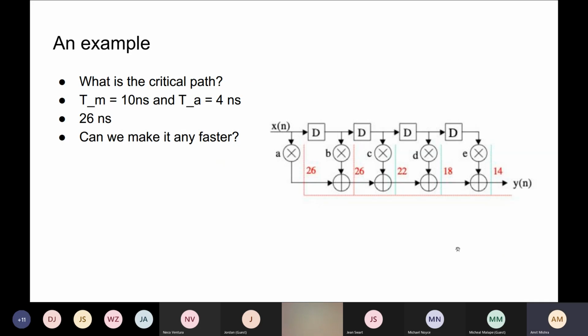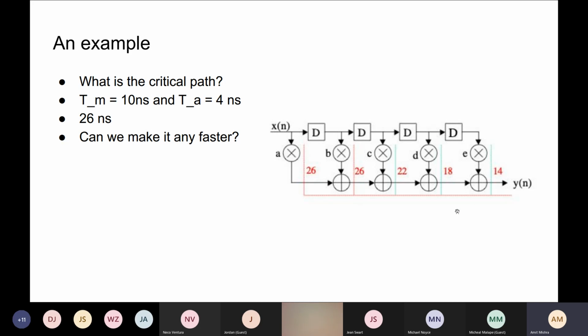So here is another simple example, a slightly bigger FIR filter. Now you can see that the path in which the input travels to create the delayed versions has lots of delays, so this path is definitely not the critical path. The critical path is the one where the multiplication with the scale A happens, followed by 4 additions.